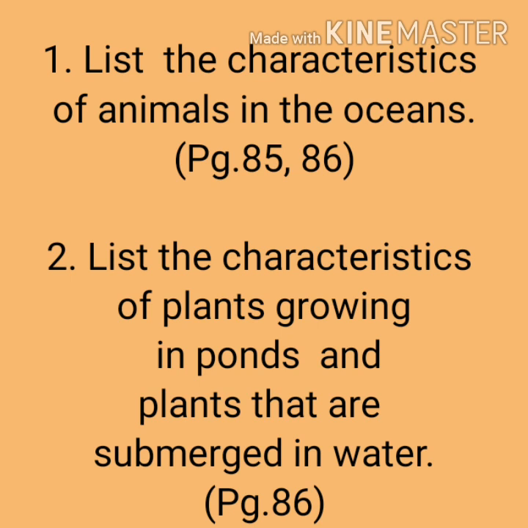Below that, point wise you can write. Third line, some of these plants have narrow and thin ribbon-like leaves. These can bend in the flowing water. Second point, in some submerged plants, leaves are often highly divided through which the water can easily flow without damaging them. These 2 points you have to write under submerged plants.